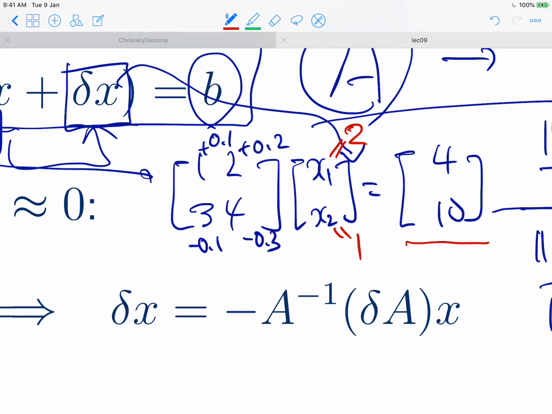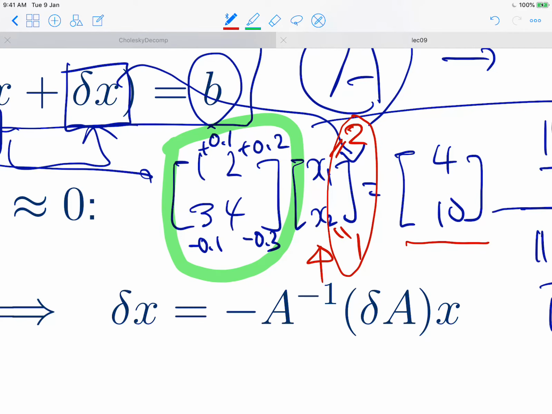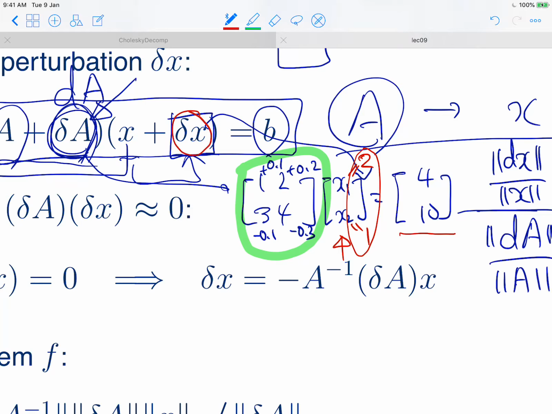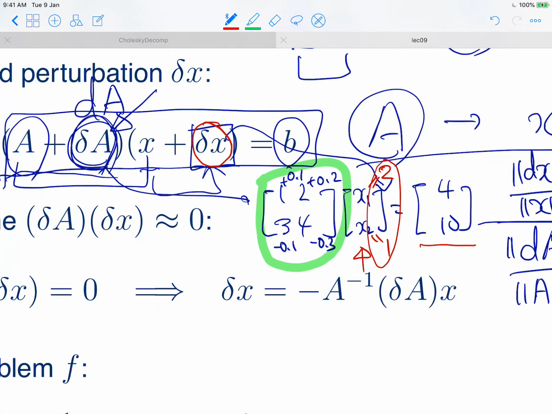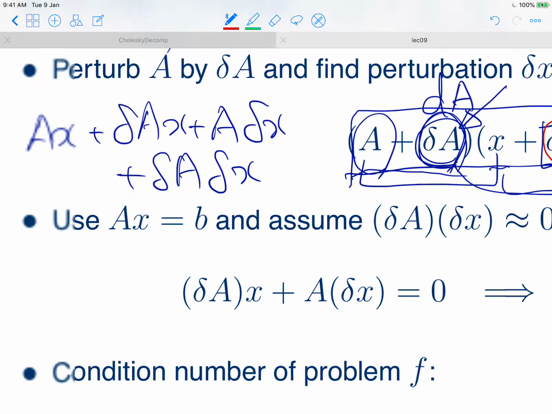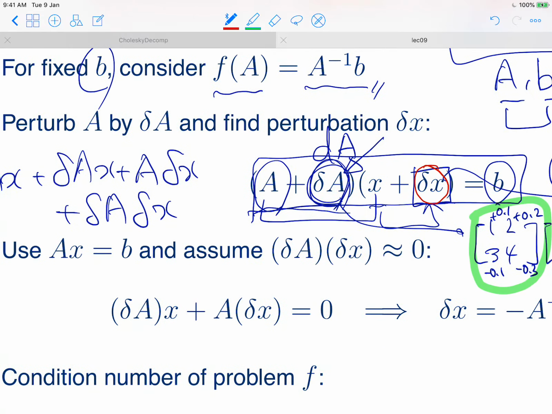But what if we used this kind of matrix, which is an inaccurate or perturbed version of our input matrix? What will be the corresponding solution x1 and x2, and what's the difference between that resulting solution and the original solution of 2, 1? That corresponds to this delta x, which is still a two-dimensional vector. Okay, so now you understand this equation through this example.